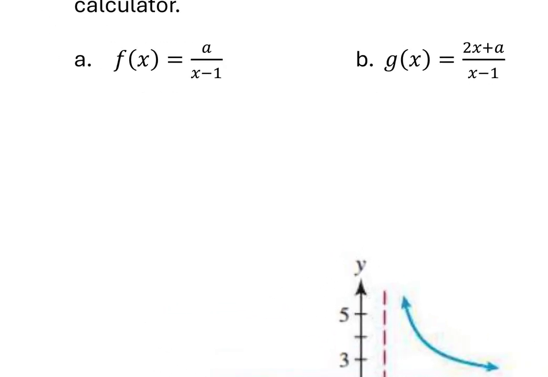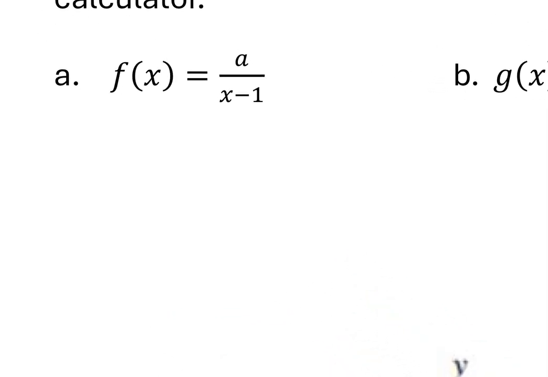All right, let's start with example A. Example A, we have f of x equals a number divided by x minus 1. If we talk about the vertical asymptotes, remember we set the denominator equal to 0, and we get x equals 1.